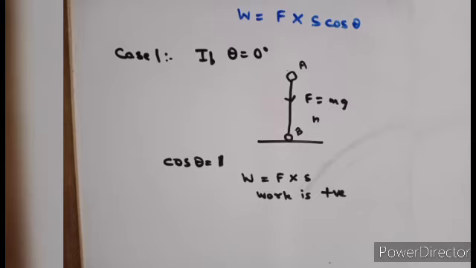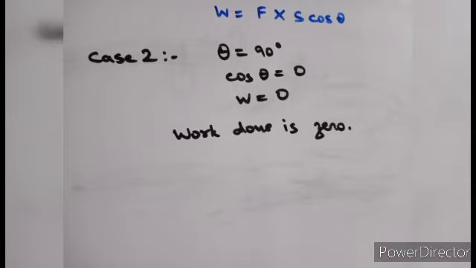The second case is when θ is equal to 90 degrees. Then cos θ will be 0, and since cos θ is 0, no work is done.